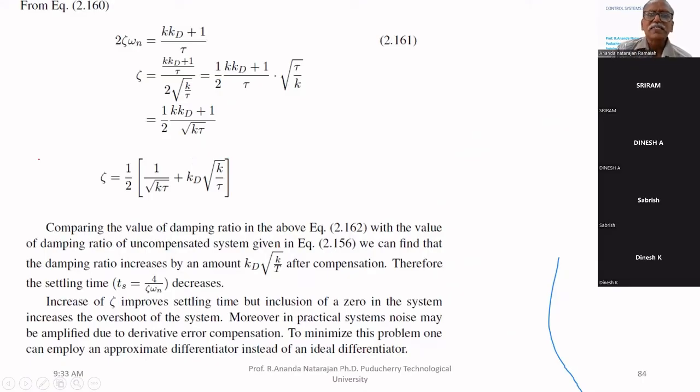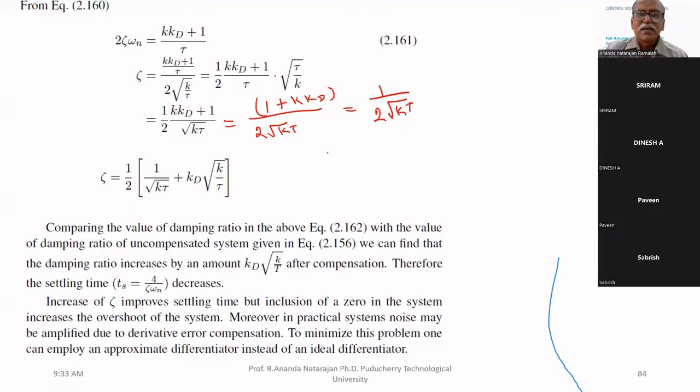If we change zeta, what will happen? What we wrote: 1 by 2 times root Kt, numerator 1 plus K Kd. That is derived. This also can be written like this: 1 by 2 root Kt, this is original zeta. If you write this part separately, you will get K Kd upon 2 times root Kt.